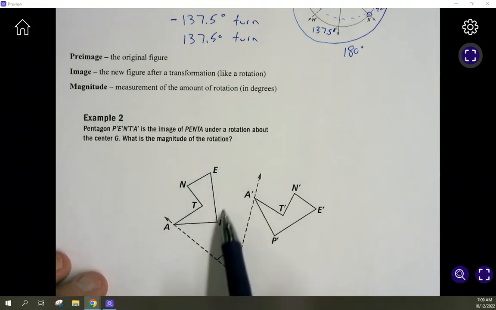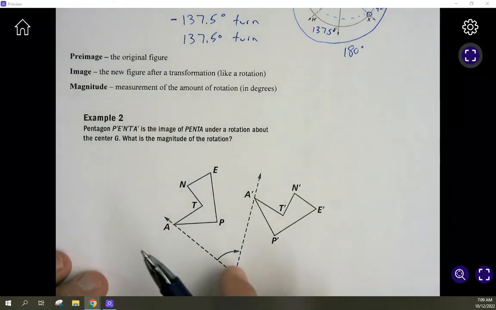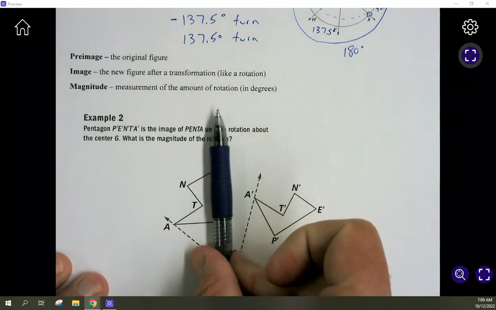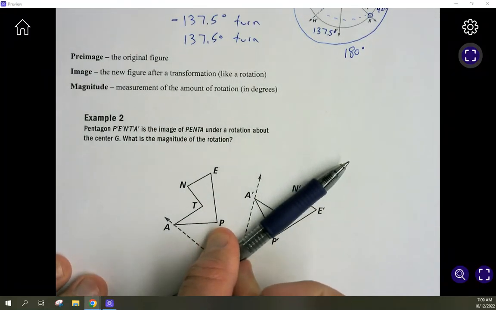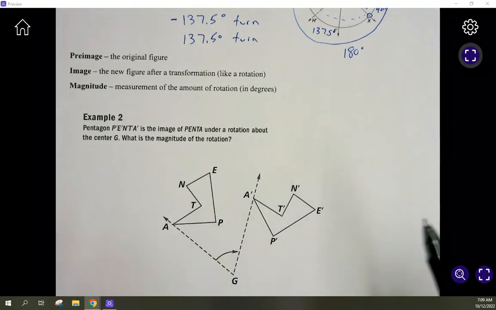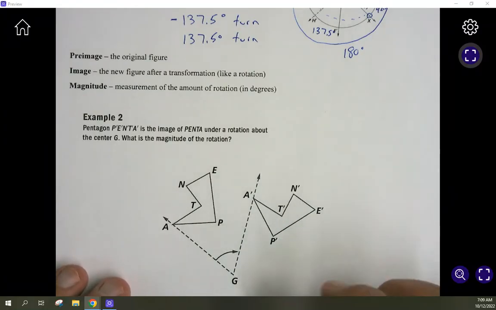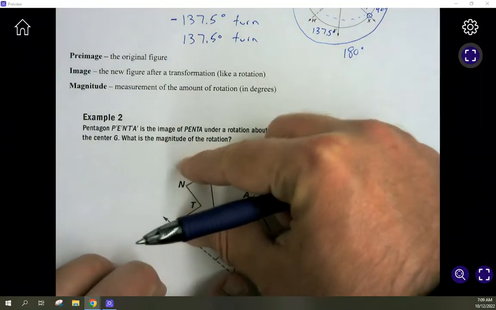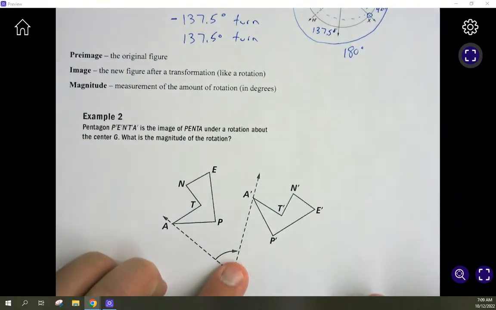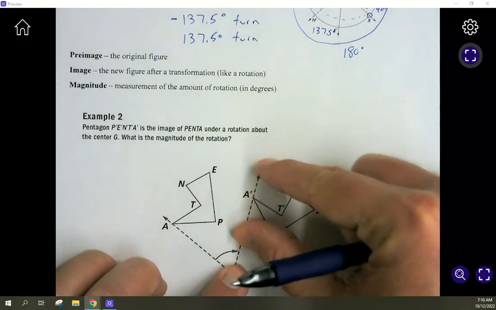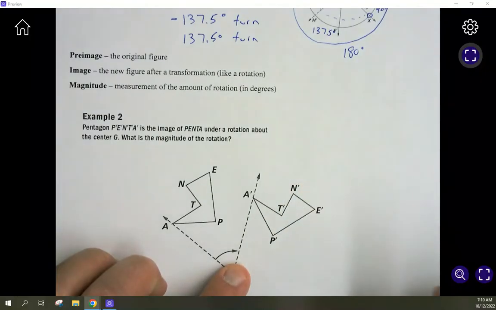So this was the original shape, and it rotated around G. It's spinning around that. If you do these by hand, which we're not going to do today, you kind of need some tracing paper. What you do is you trace the pre-image and you hold your finger down on G and you spin the tracing paper around, and that will show you where the new one is.